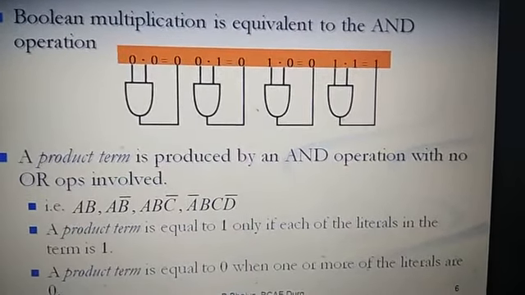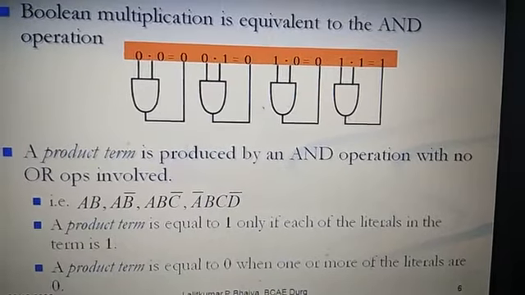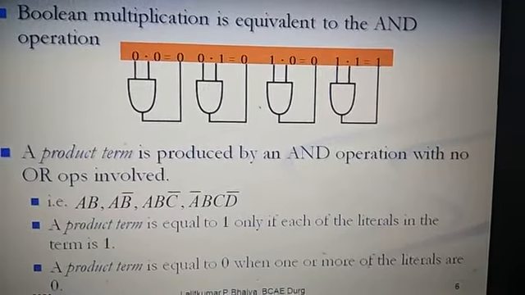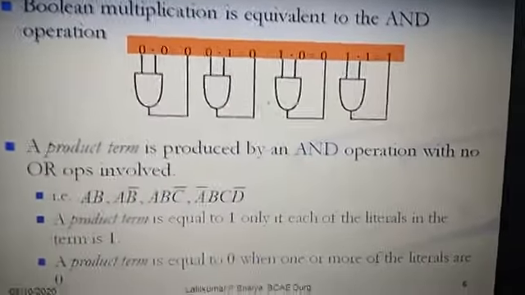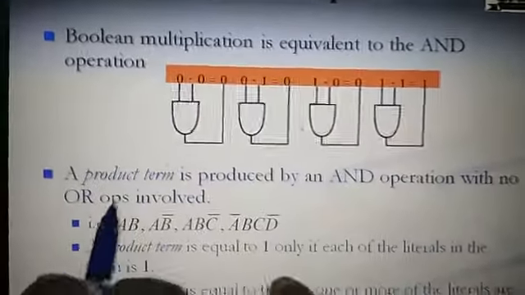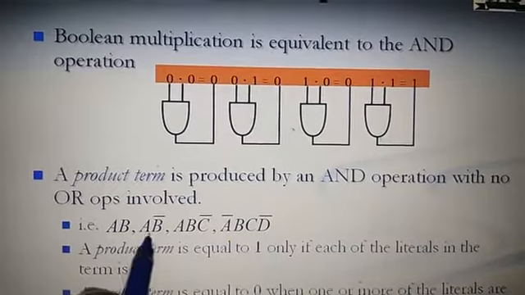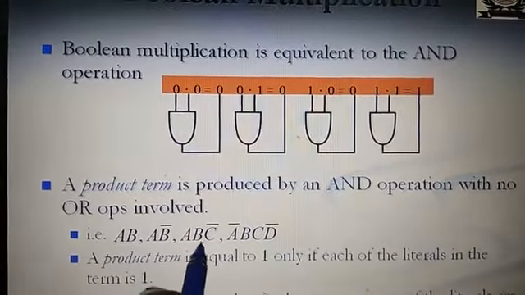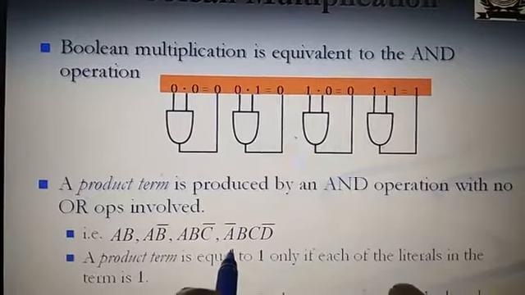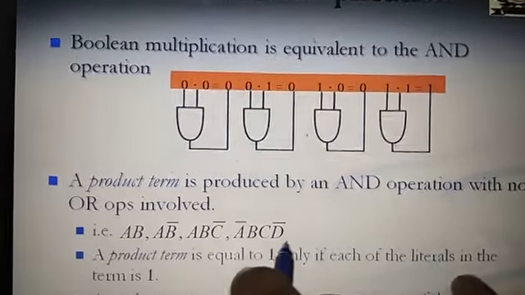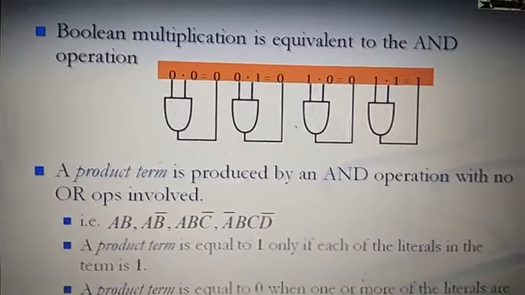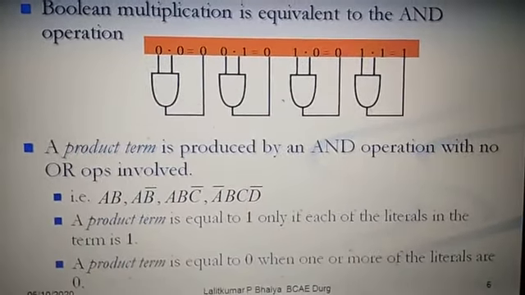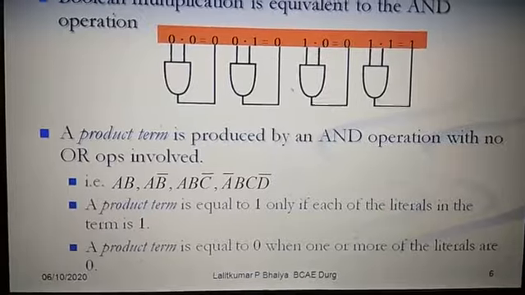A product term is equal to 1 only if each of the literals in the term is 1. Here A and B are the literals, A B bar is the literal, A B C bar is the literal, A bar B C D bar, these are individual literals. If each literal is equal to 1, then the product term is 1.